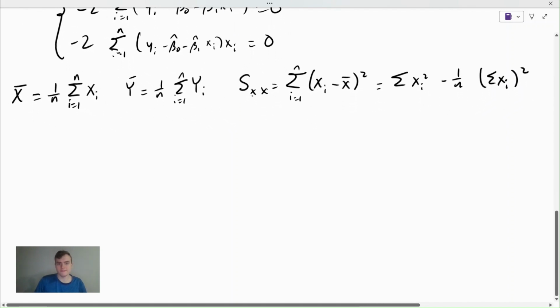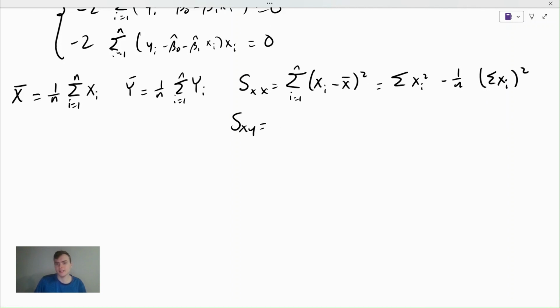And going off of that, we also have Sxy, which instead of multiplying x_i minus x bar twice, we're doing x once and y once. Sum of (x_i minus x bar)(y_i minus y bar). And that's going to be the same as the sum of x_i y_i minus 1 over n times the sum of x_i times the sum of y_i.